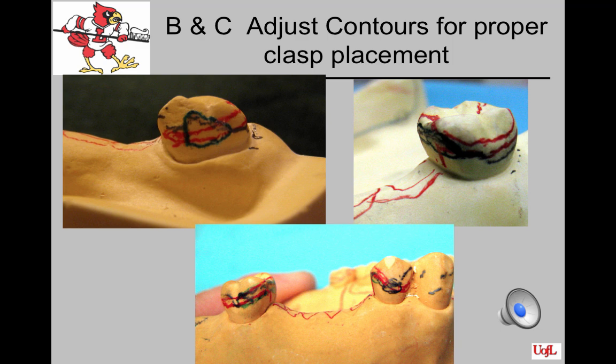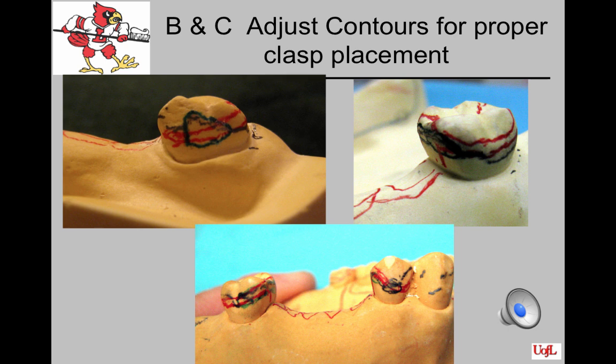On the upper left, remember the rule that the first 2/3 of your direct retainer arm must be all above survey line. We drew a problem interference here. The top of that circle is where the current survey line is located. The bottom of the circle is where you want to move that survey line so that the first 2/3 of that direct retainer can all be above survey line.